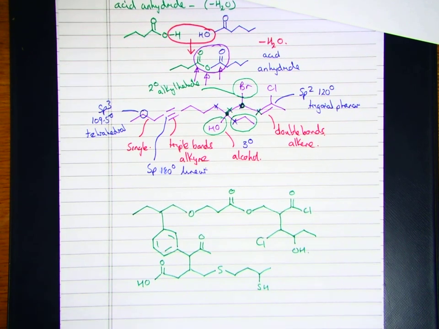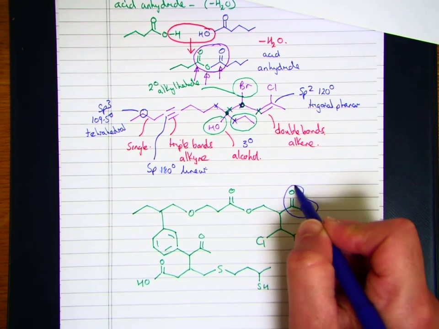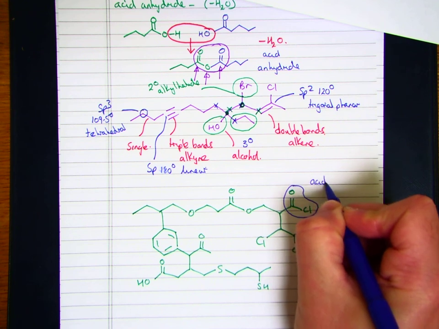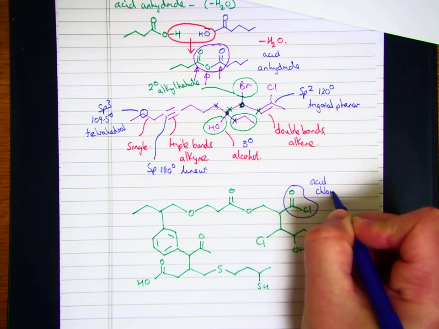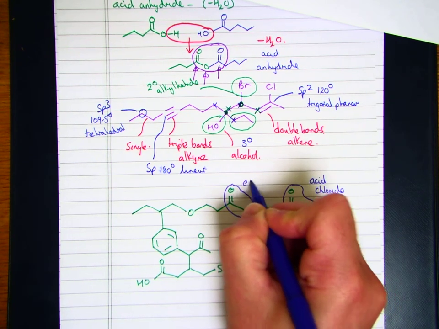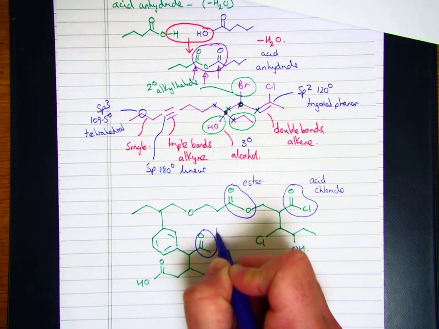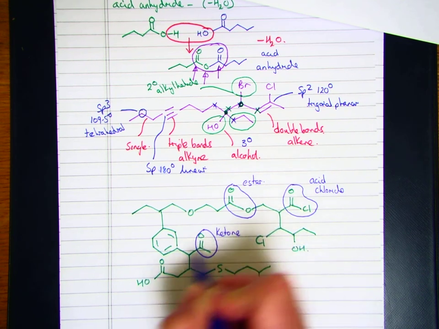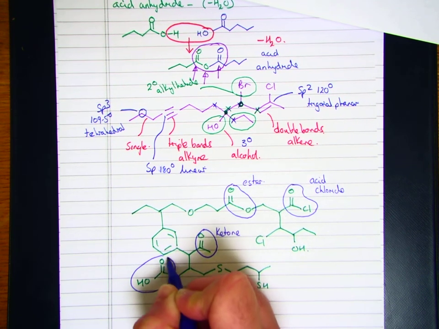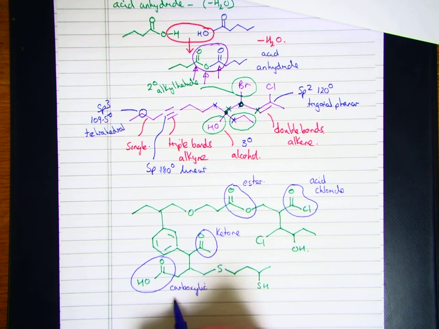I'll move that up there so you can see it all. If we look at this molecule, we should be able to identify functional groups such as this, which is an acid chloride, and this, which is an ester. These are carbonyl functional groups. And then this one over here is a ketone. And over here we have this carboxylic acid. Those are examples of carbonyl functionalities within that molecule.